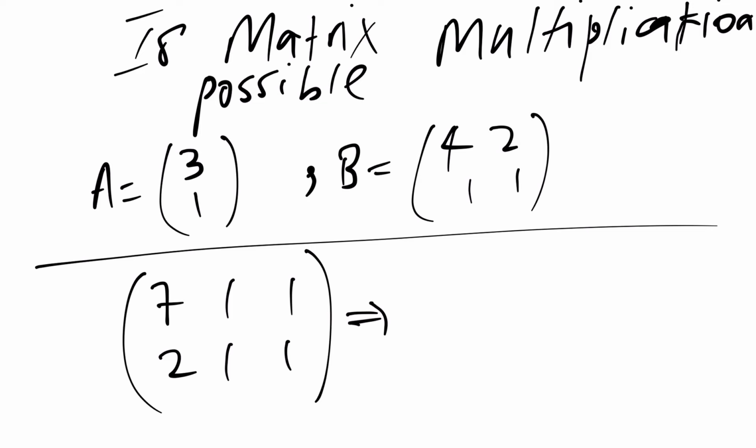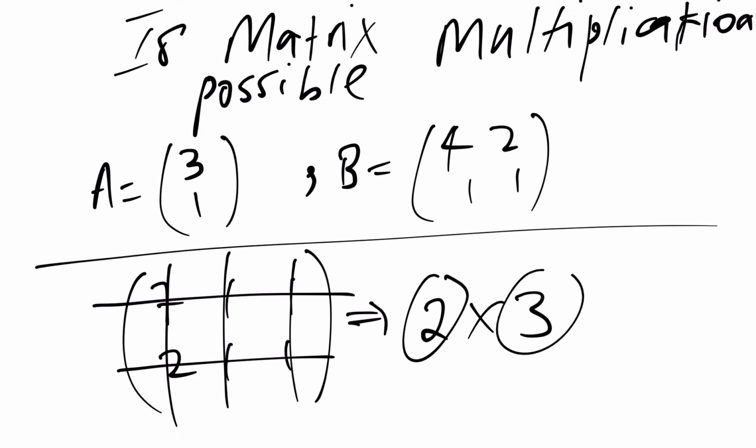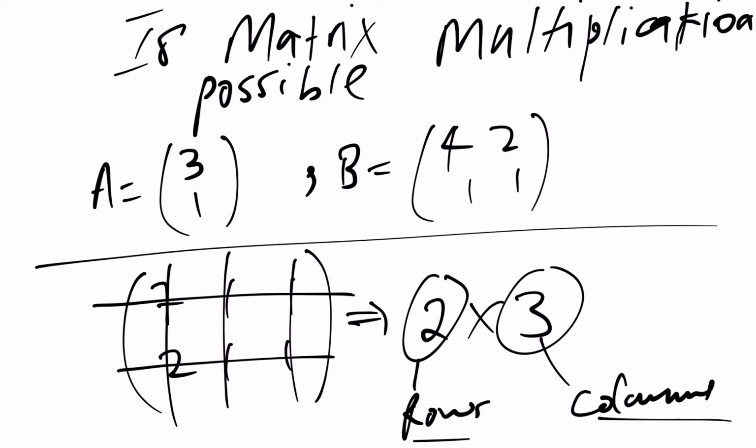No, you calculate the number of rows first: 1 row, 2 rows. So we say this is a 2 by, then we calculate the number of columns: 1, 2, 3. So this is a 2 by 3 matrix. The 2 represents the number of rows, the 3 represents the number of columns. I think we are clear on that.